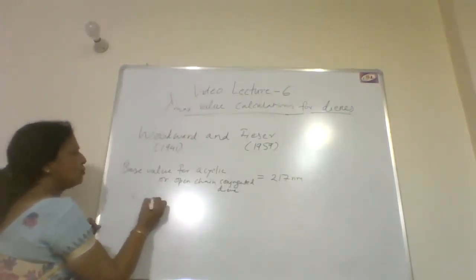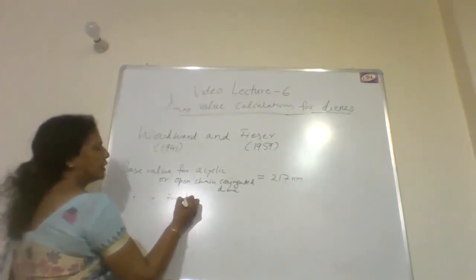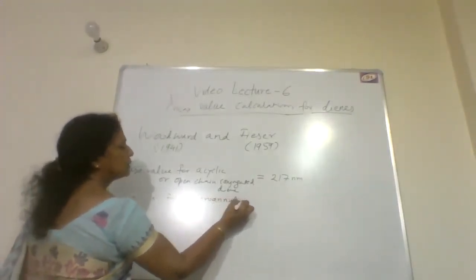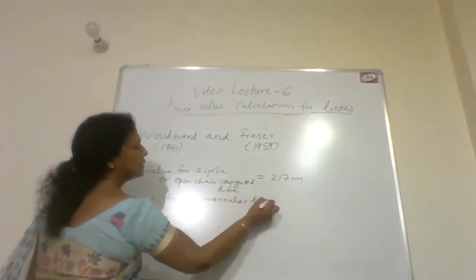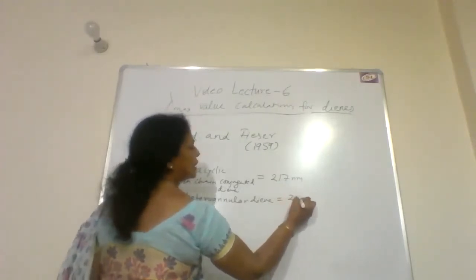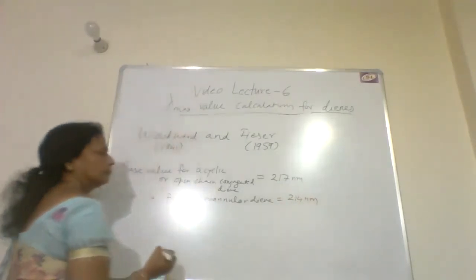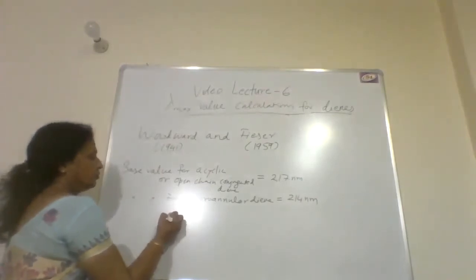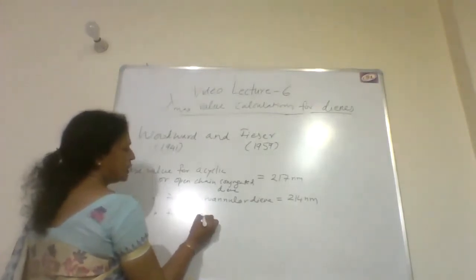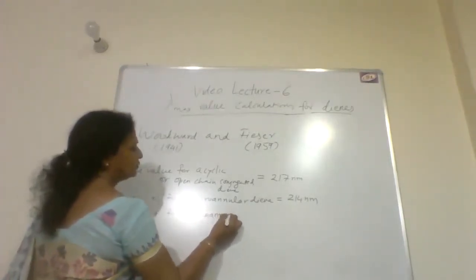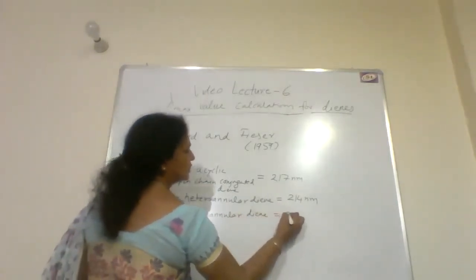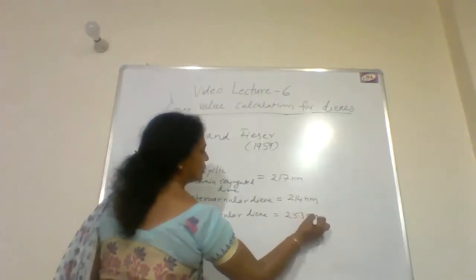The value for heteroannular dienes is 214 nanometers. The value for homoannular dienes is 253 nanometers.